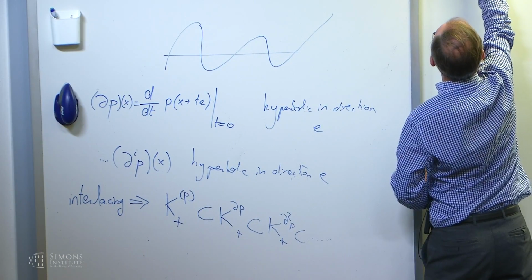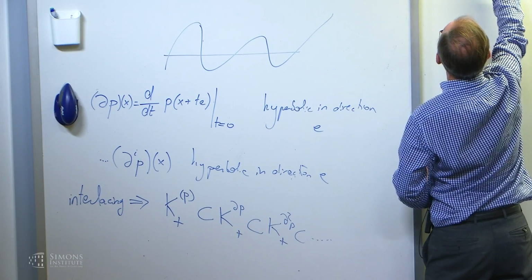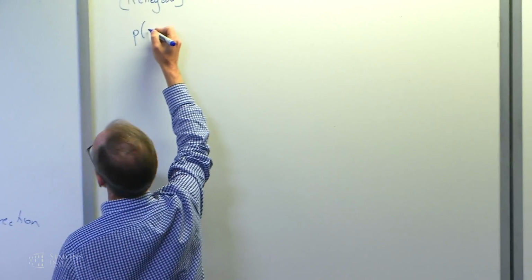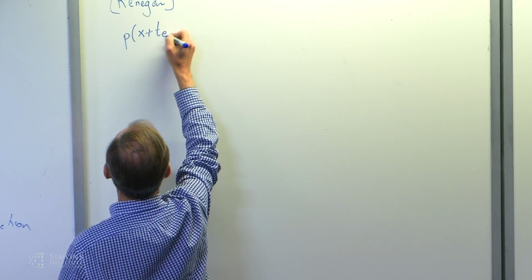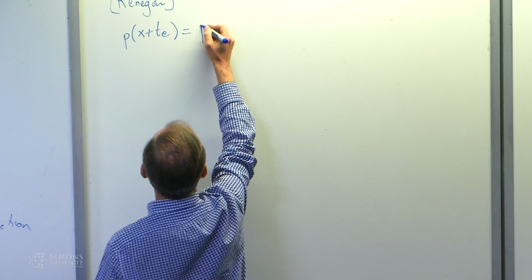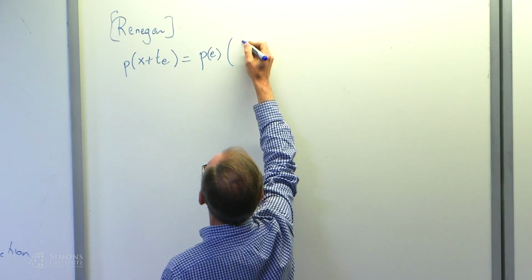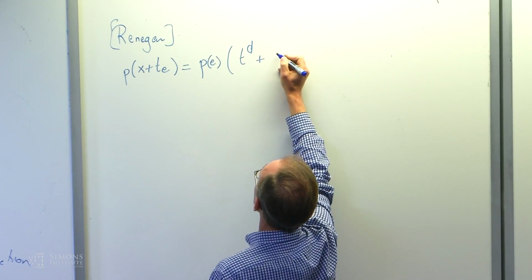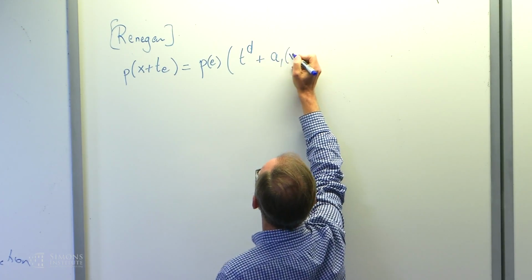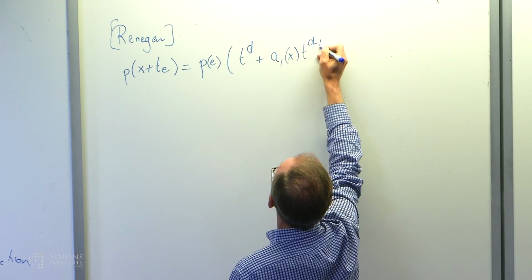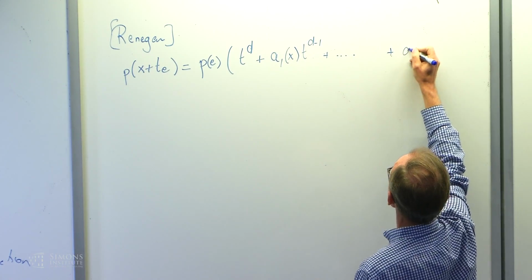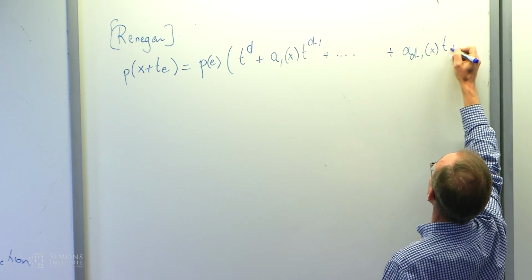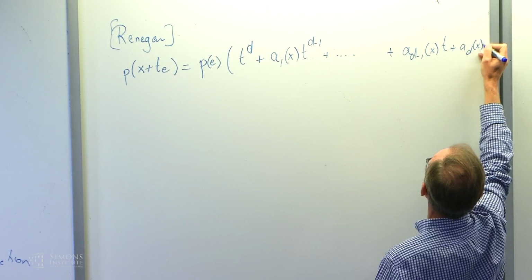That was, if I express P of x plus tE and I write it as P(E) times t to the d plus a1(x) t to the d minus 1, plus and so on, a d minus 1 of x times t, plus a d of x.